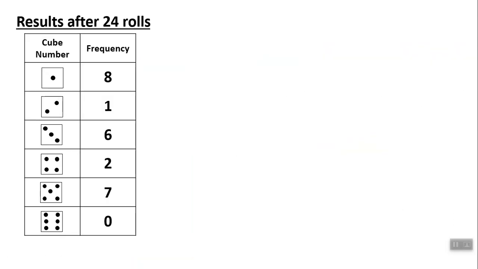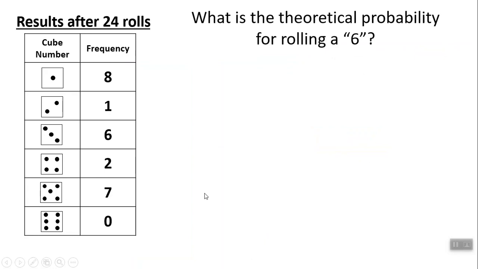Moving on. So now here's another table showing 24 rolls. What is the theoretical probability for rolling a 6? Well, you don't want to look at the table if they're asking about theoretical. Theoretical is when you set up a proportion to figure it out. So for 24 rolls, how many times should 6 appear?